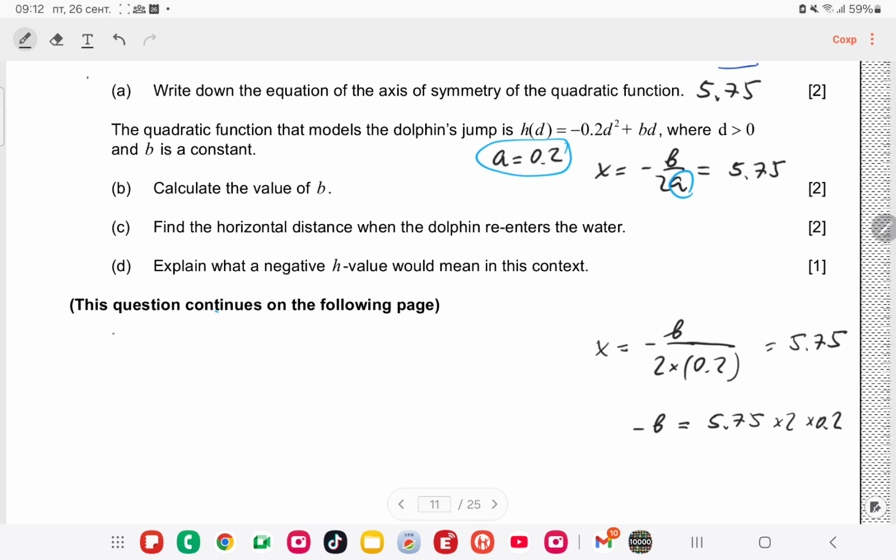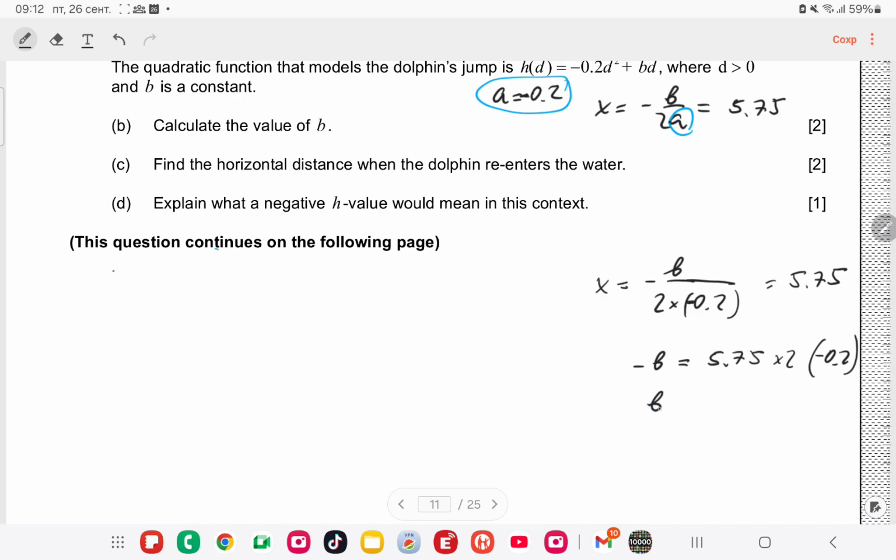By the way, a is negative here, so that is why our final answer is going to be positive. Let me make a short correction: negative 0.2. Now if we calculate, we get 2.3. So b is equal to 2.3.